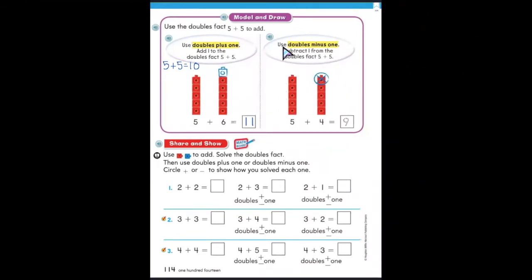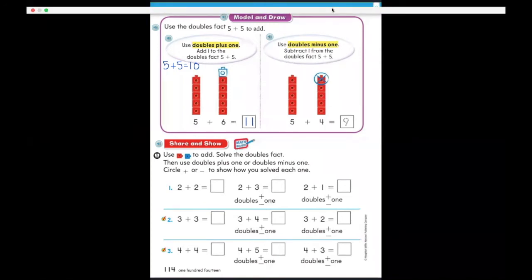It says use doubles minus 1. Subtract 1 from the doubles fact 5 plus 5. How can we use the doubles fact to find 5 plus 4? Well, we can think of 5 plus 5 equals 10.